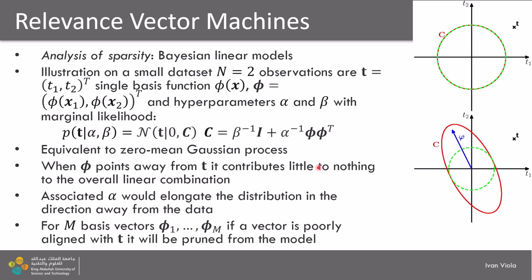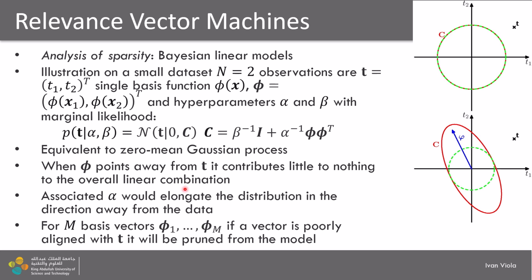So also it is worth mentioning that this model evidence is actually a zero mean Gaussian process. And we have already mentioned that if it points away from t, it contributes little to nothing to the overall linear combination.